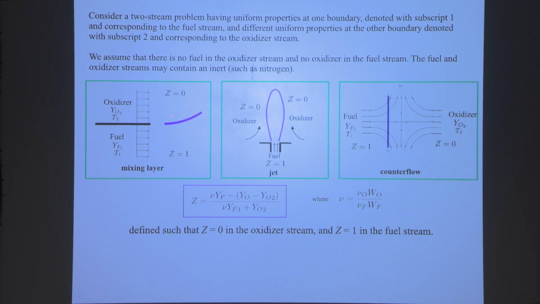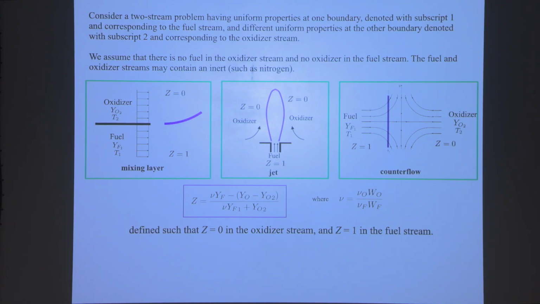So clearly far up, Z is equal to 0 because it's the oxidizer stream. Far away, there is no fuel. And far down, Z is equal to 1 because it's only fuel. Similarly, if you have a jet, then Z equal to 1 will be where the stream of fuel comes, and Z equal to 0, say, on the two other sides.